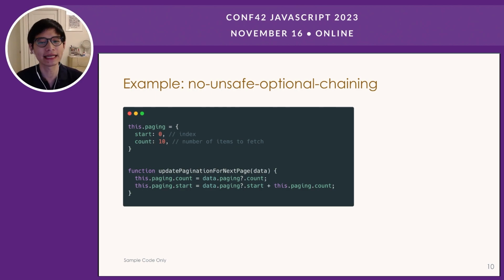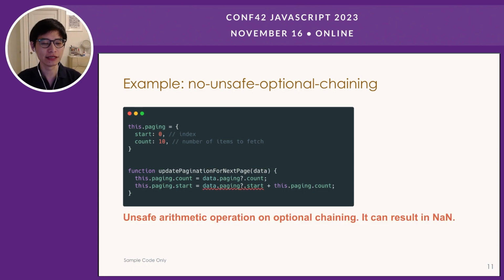But if it comes back, then you do some arithmetic, adding the start and count. That will be the new start for this paging object. Seems kind of good, right? ESLint will actually catch this with the lint rule no-unsafe-optional-chaining, where it would say that this result could potentially become a number. Why is that, you would say, right?